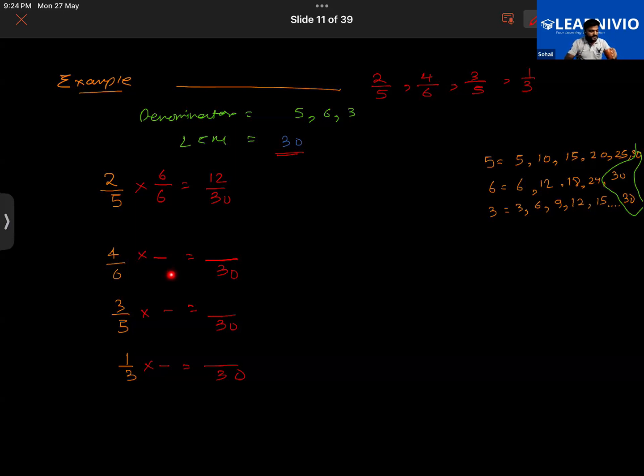Read the table of 6. 6 fives are 30. You're simply multiplying it with 5. Then the numerator also has to be multiplied with the same number. So thereby that becomes 20 upon 30.